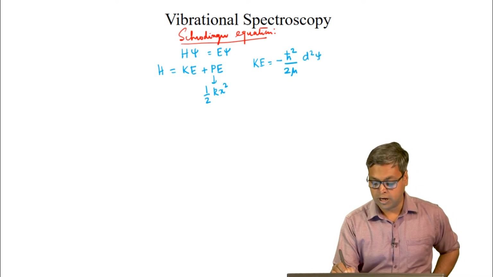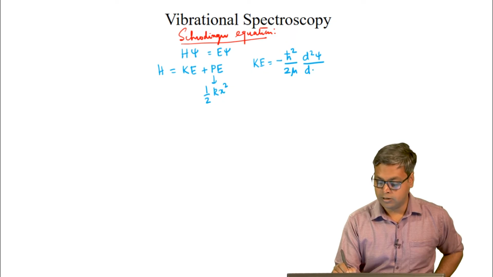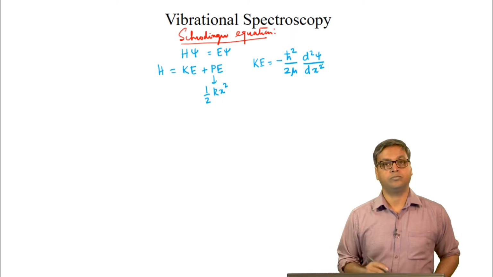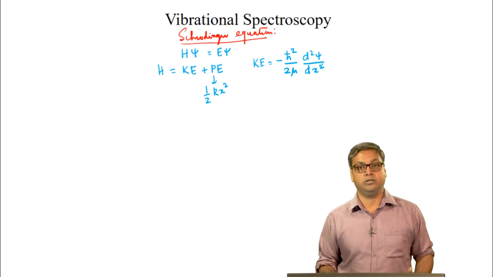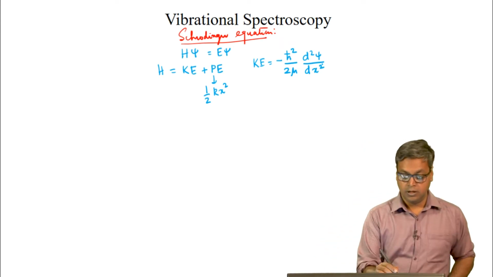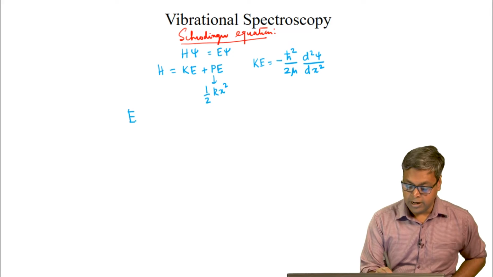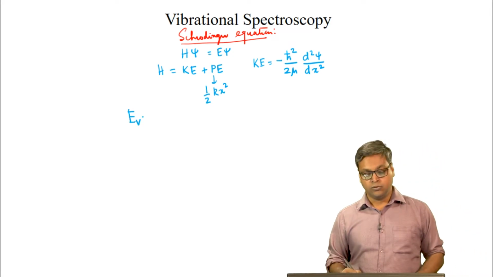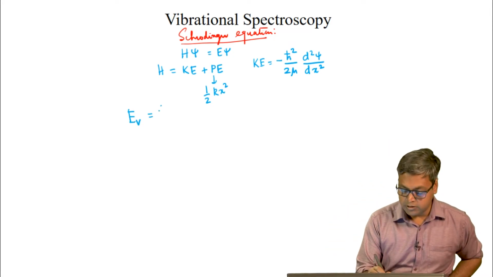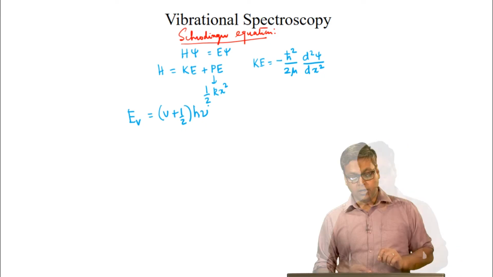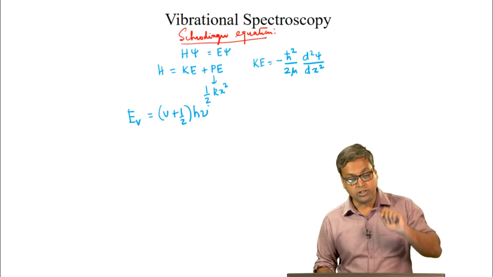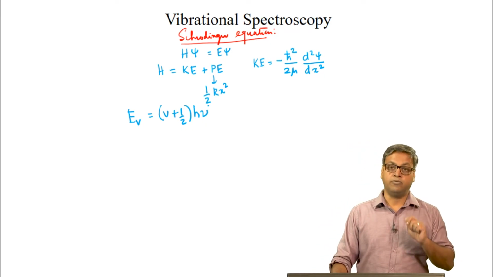d 2 psi d x 2. So, the solution of Schrodinger equation gives the energy, we can write E v. So, E v equals v plus half h nu. Here we are introducing a new quantum number v.